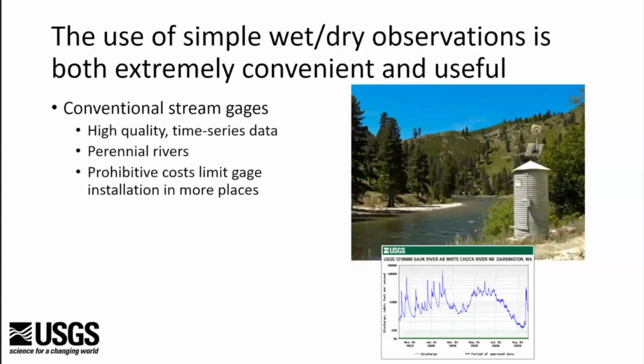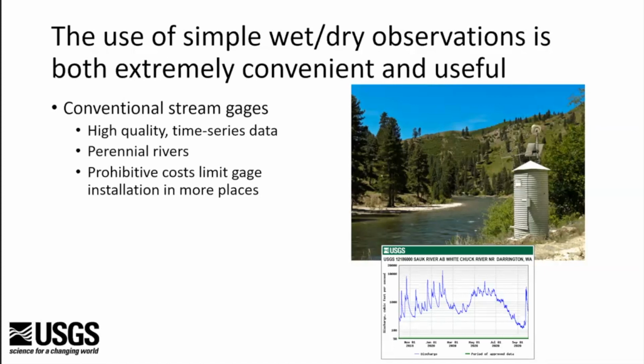Okay, and so a couple points I wanted to make about these models. I wanted to return to this idea of using simple wet-dry observations, because it is extremely convenient and it is very useful. These conventional stream gauges, this is a picture of one for USGS, we all love this data.